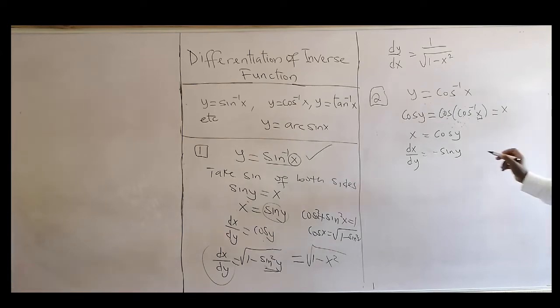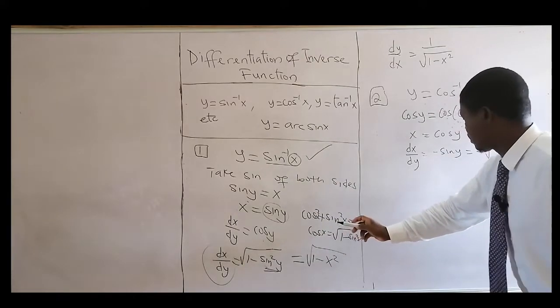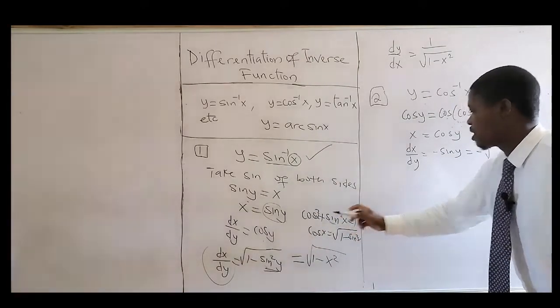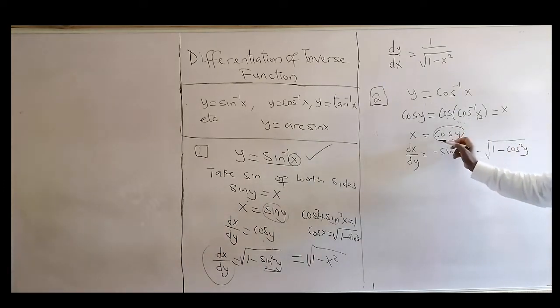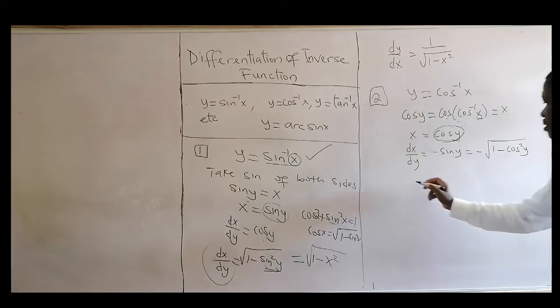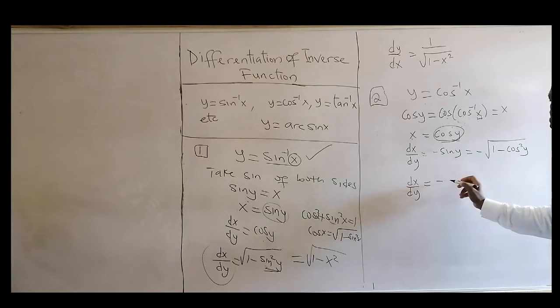And this will be equal to minus the square root of 1 minus cos squared y; take sine as the subject. Now make the substitution: cos y is equal to x. So dx/dy is equal to minus the square root of 1 minus x squared.